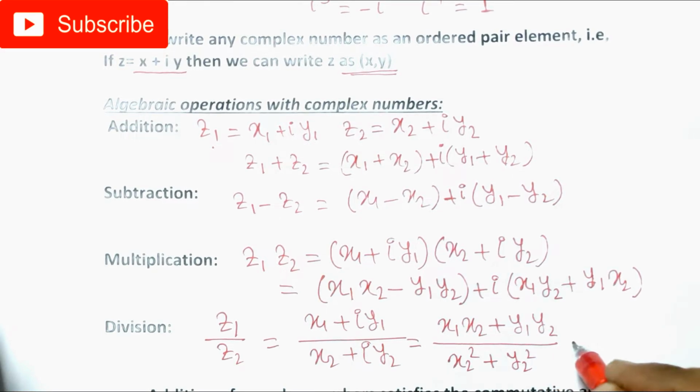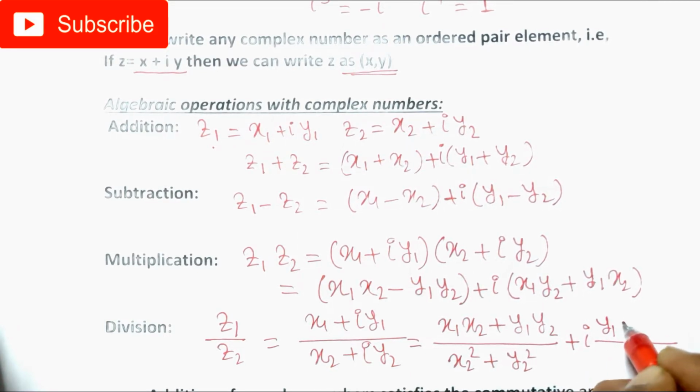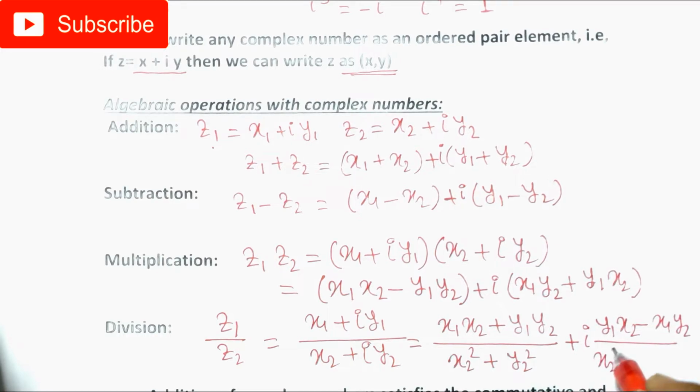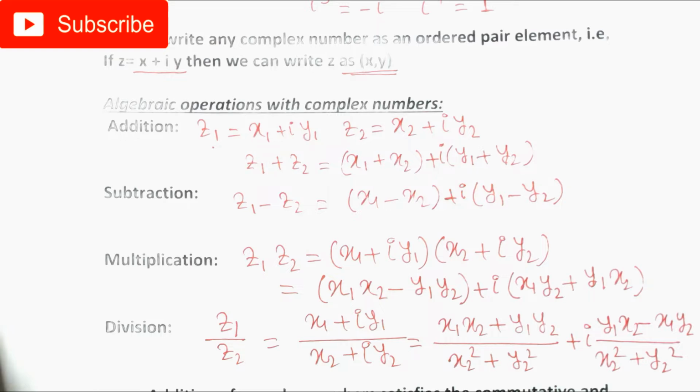This is the real part of the division, and with iota the imaginary part will be y1 x2 minus x1 y2 divided by x2 square plus y2 square. So these were the algebraic operations with complex numbers.